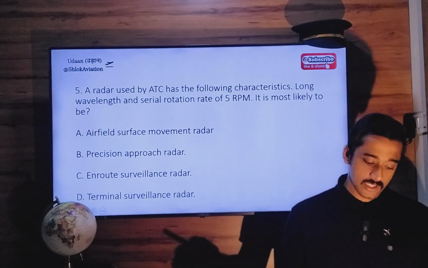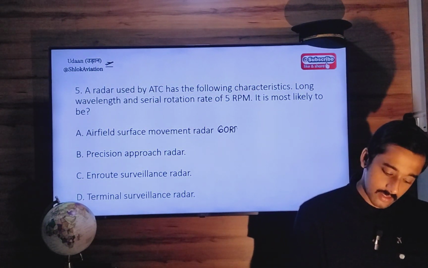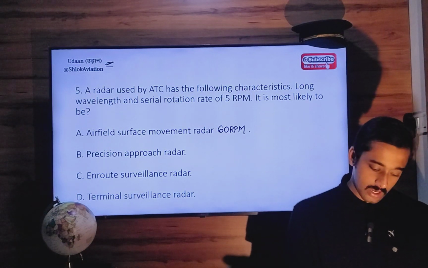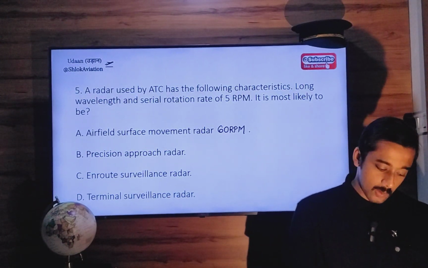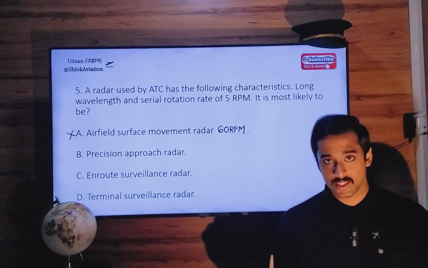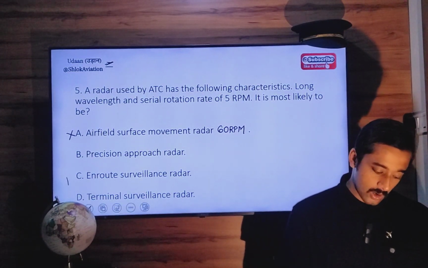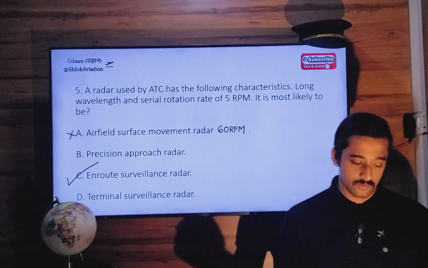Airfield surface movement radar has a scan rotation rate of 60 rpm, so definitely option A is not the option. Between en route surveillance radar and terminal surveillance radar, the correct option will be option Charlie, en route surveillance radar.